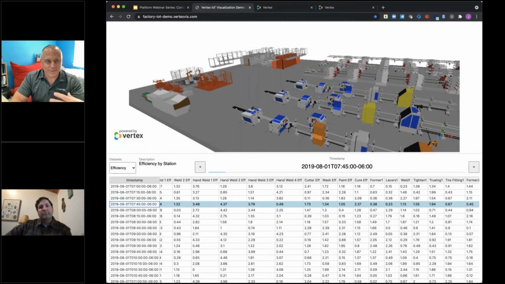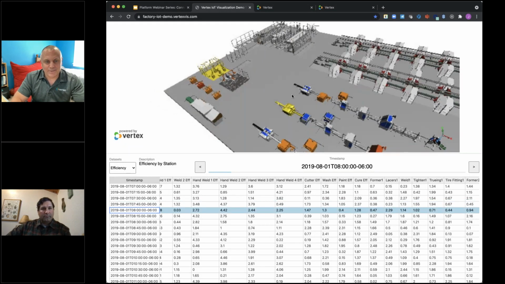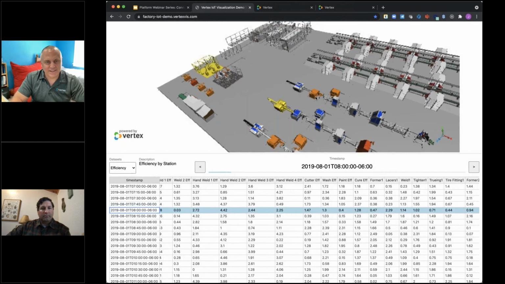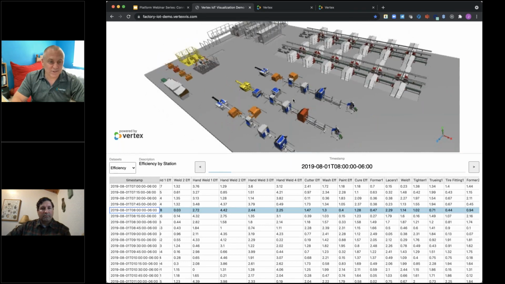The whole point being is that we want to be able to take your 3D geometry and apply not necessarily reams of information, but to be able to collate it in a way and then apply it to the 3D geometry so that you're able to see effectively how the factory is going and how it's performing.